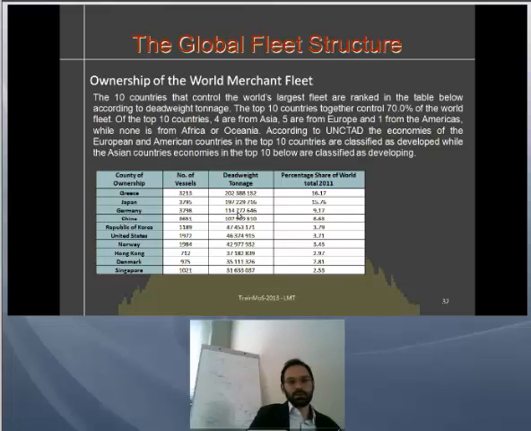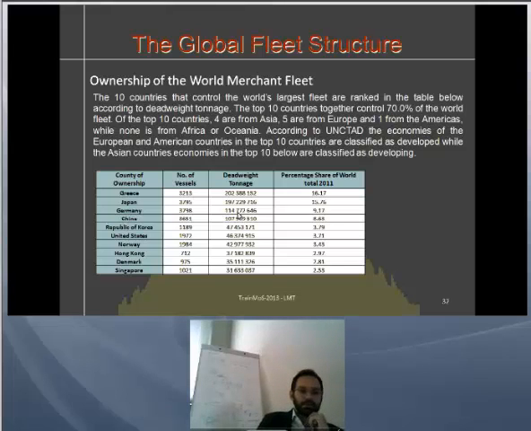So now we'll go to the ownership of the world merchant fleet. We can see here the top 10 countries that control the world's largest fleet. And these top 10 countries together control about 70% of the world's fleet.